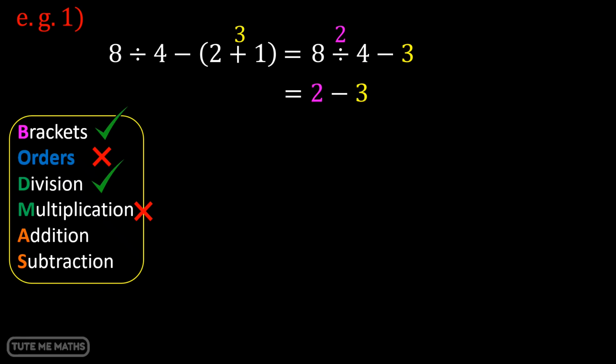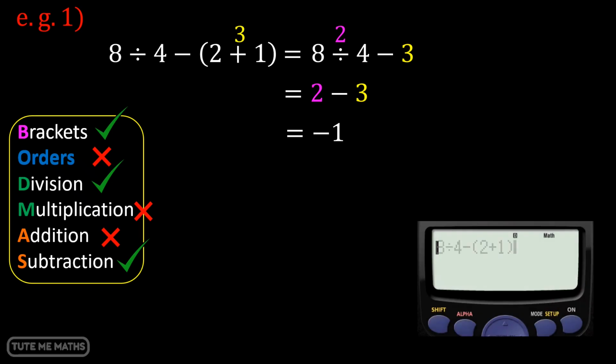Quite obviously, we only have one step remaining, but for argument's sake, following BODMAS, having completed all divisions and multiplications, we now complete additions and subtractions as they appear. There aren't any additions, just this subtraction. So 2 take away 3 gives us the final answer of -1. This is easily verified on any decent scientific calculator.